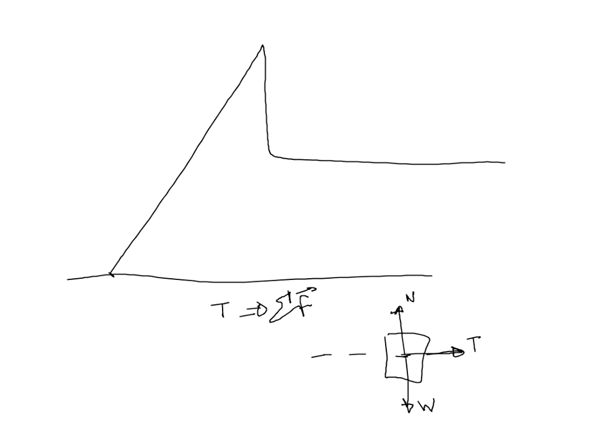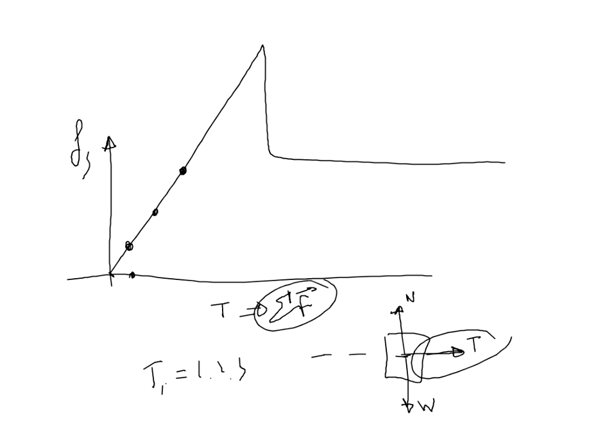If T is 1 Newton, then the frictional force is 1 Newton. If T is 2 Newton, the frictional force is 2 Newton. If T is 3 Newton, then Fs is 3 Newton. In all those possible values for T, 1, 2, 3, the system hasn't moved yet because that force is still too small, and hence Fs matches the value of the net force because we're on the ramp.